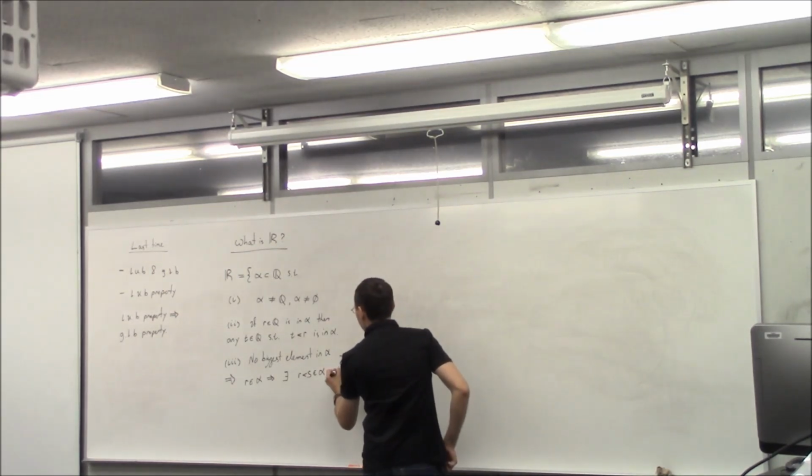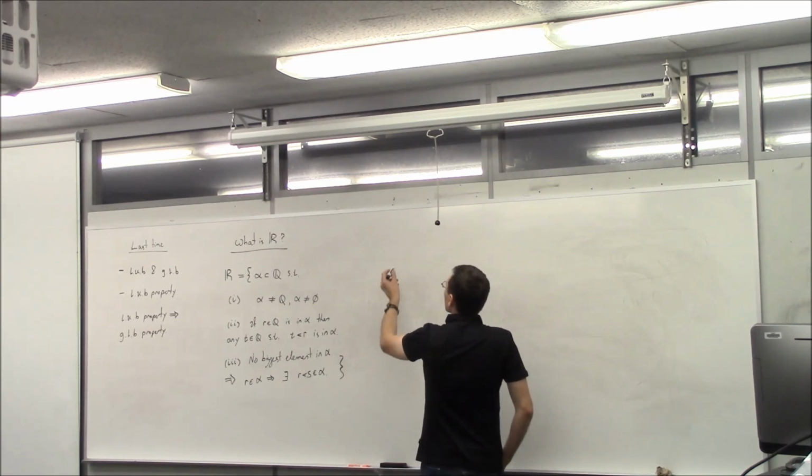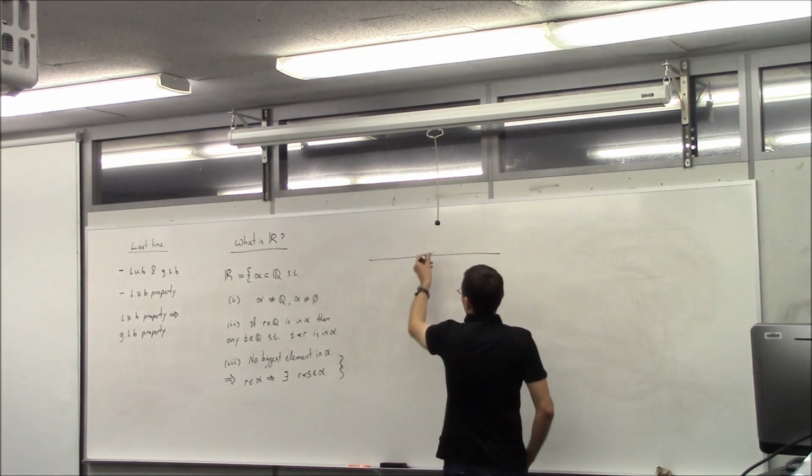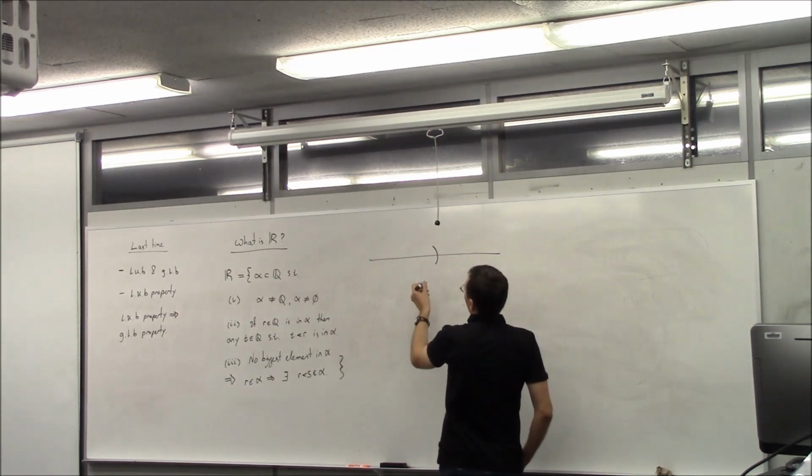it describes, you can think of this as the number line, a little bit of cheating. And let's say I think of the number 1/2. Okay?